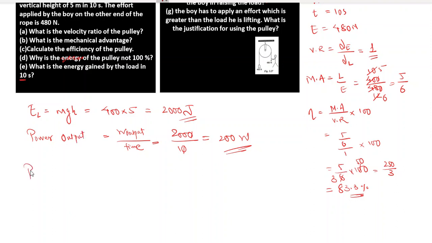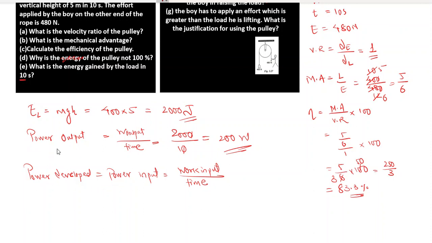And power developed, by the meaning of the word power developed, they mean power input, which is work input upon time. So that was my mistake, that I took power developed as power output.